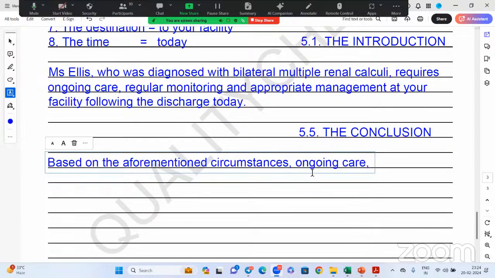So based on the aforementioned circumstances, ongoing care, comma, or continuity of care. Ongoing care we have already written here, ongoing.